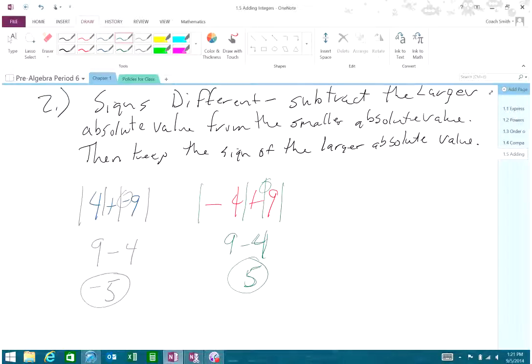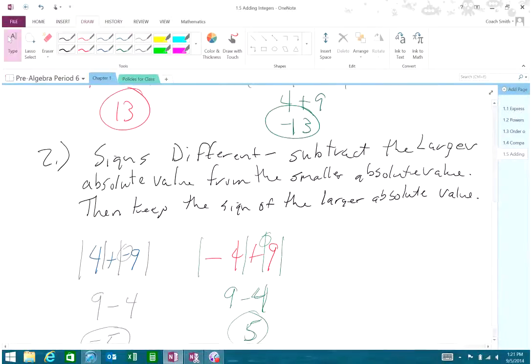So always with the negative you subtract? When it's a positive and a negative, yeah, anytime you have a positive and a negative, you subtract their absolute values. You're not subtracting the numbers, you're subtracting the absolute values, and it's always the smaller absolute value from the larger absolute value.